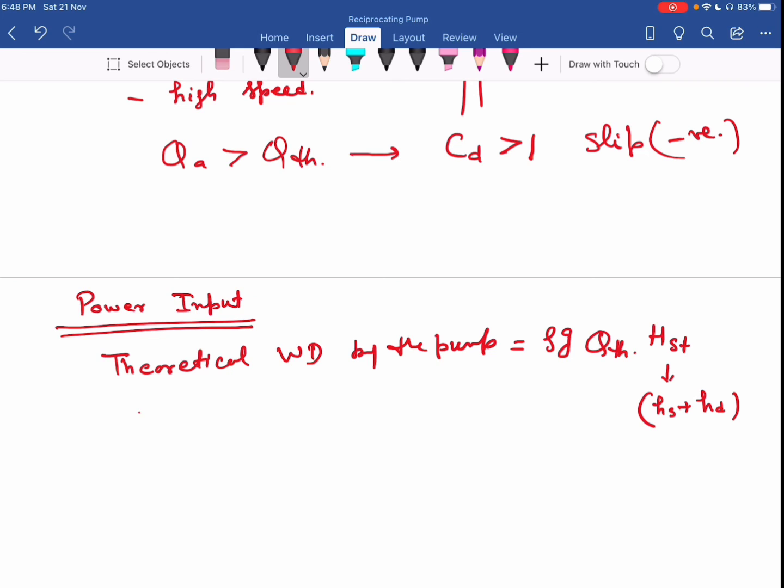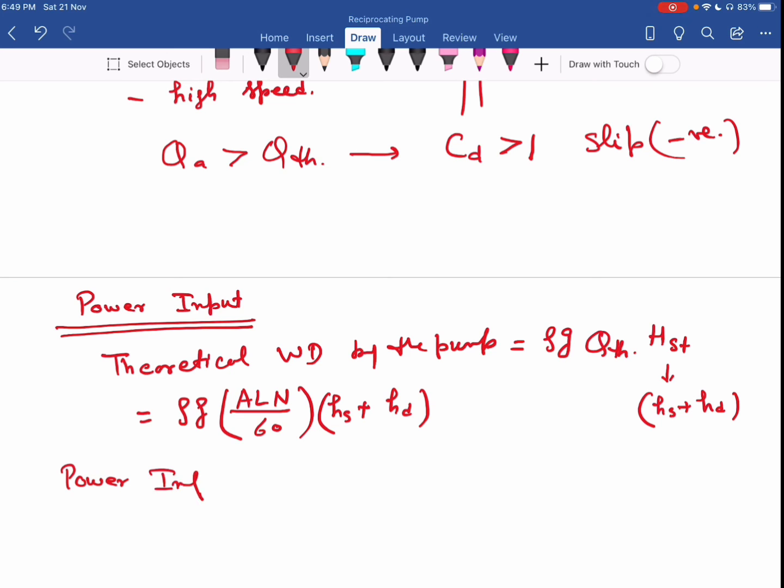And this formula I can again write as rho G. Now my QTH for a single acting pump is ALN divided by 60, into HS plus HD. So this is the work done by the pump, which is equal to the power input to the pump. Power input to the pump is rho G ALN divided by 60 into HS plus HD.